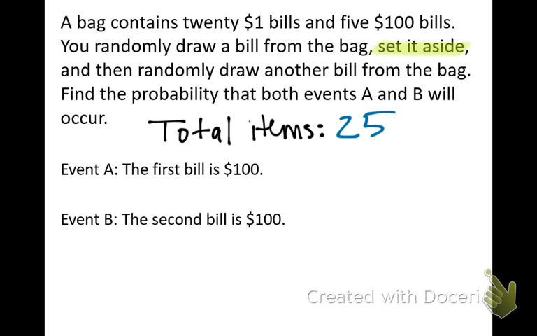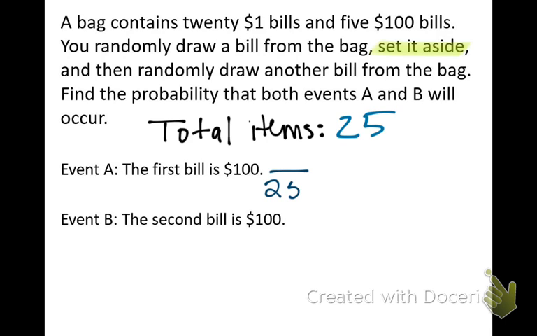So at first I have 25 things to choose from, right? I take one out. The next time I do something, how many do I have to choose from? 24. Okay, so set it aside means I'm not putting it back in the bag. So this is called a dependent probability, because whatever I pull out first will change what I pull out second.